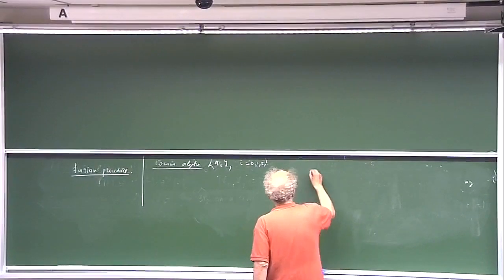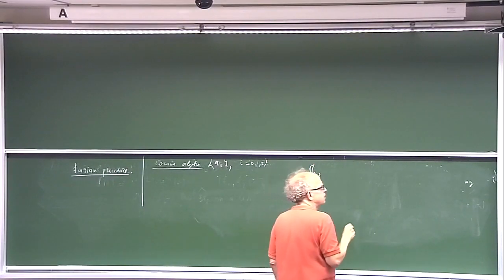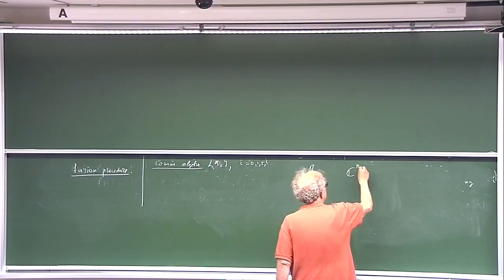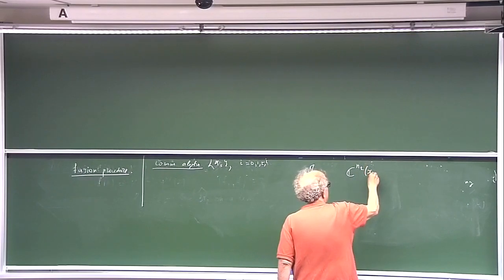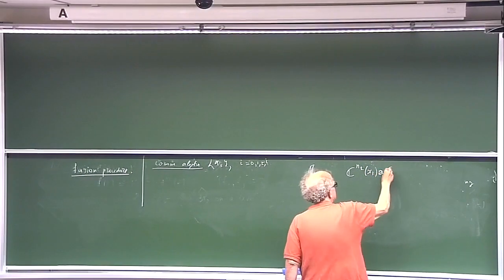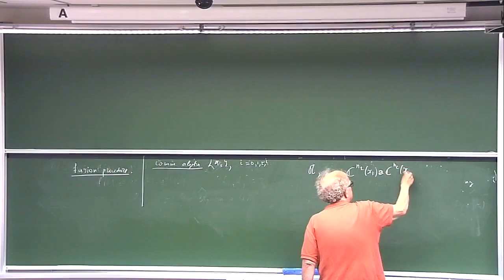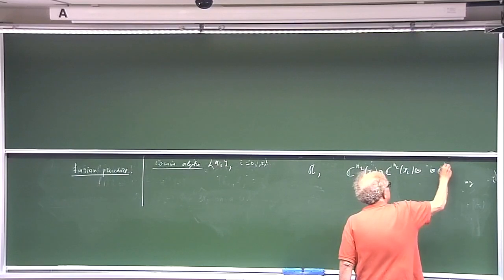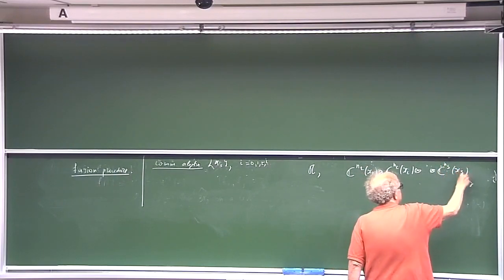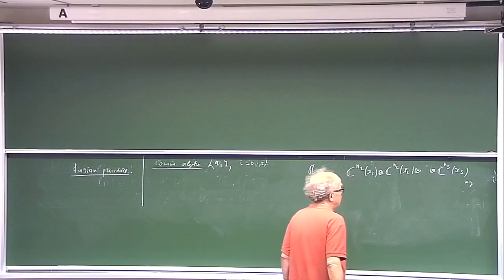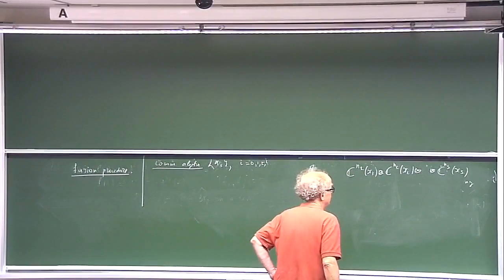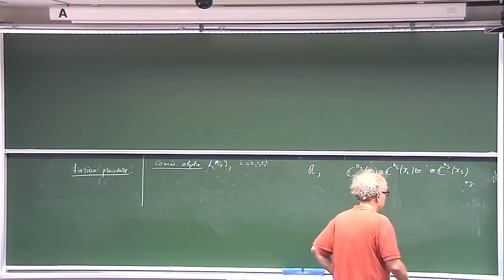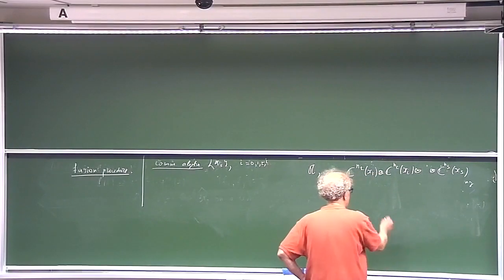So I have my Lie algebra A, and then I can construct the representation C n1 x1 times C n2 x2, and so on, times C ns xs. Also tensor product. This is a tensor product as a tensor product of representations of an abelian algebra.